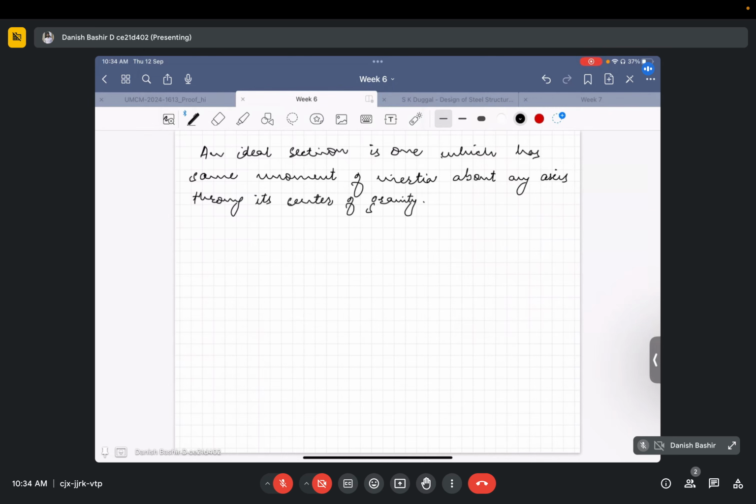We have different types of sections: rolled steel sections, built-up sections, rods and bars, and tubular sections.